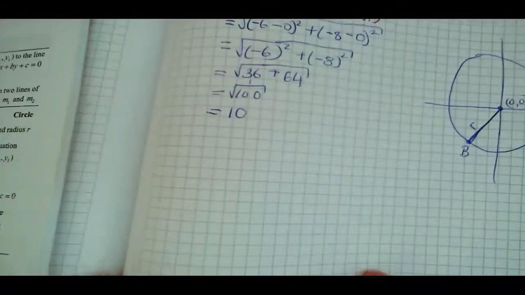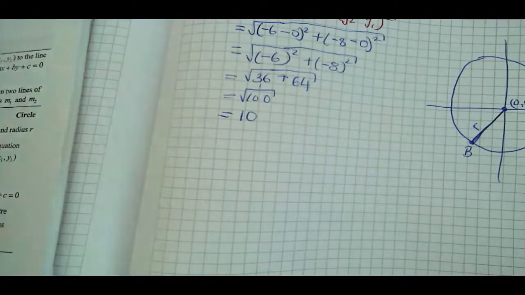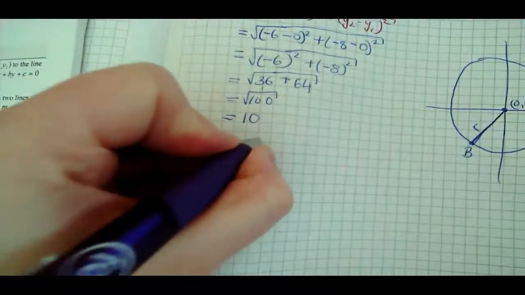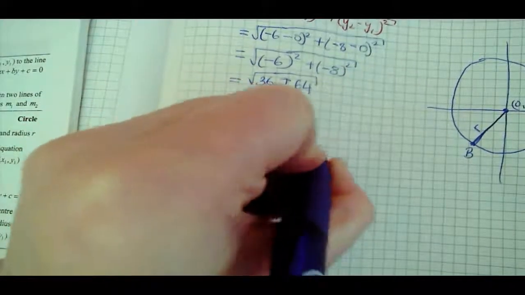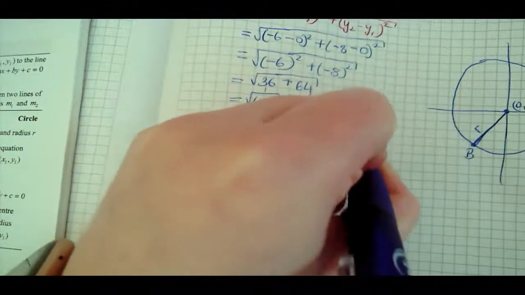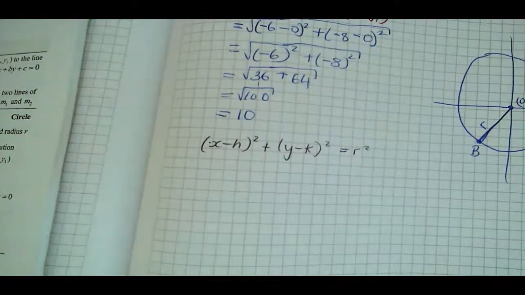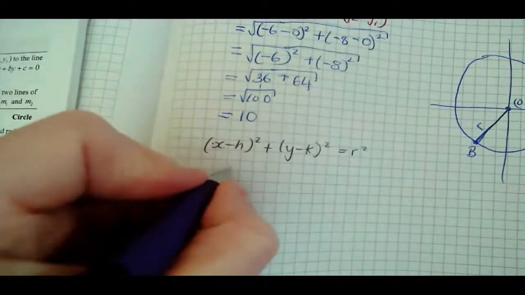So back to the question then, if we write out that formula, because again it's worth marks. The form is x minus h all to be squared plus y minus k all to be squared is equal to r squared. So subbing into the formula then.